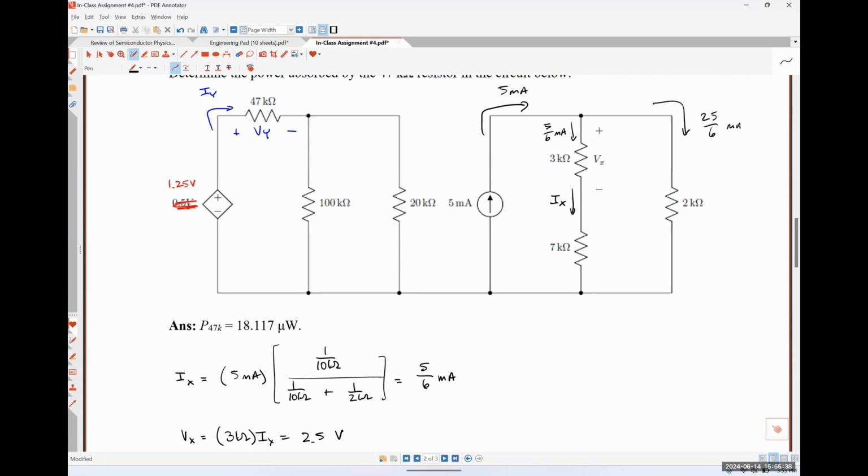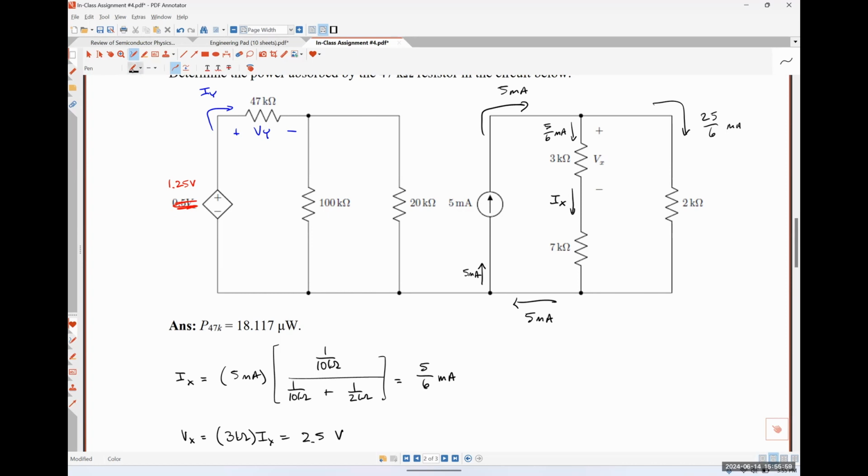Yes. Okay. So if we look at the current here, we know that this bit is 5 milliamps. And if we look at the current here, that's going to be 5/6 plus 25/6, which is also 5 milliamps.